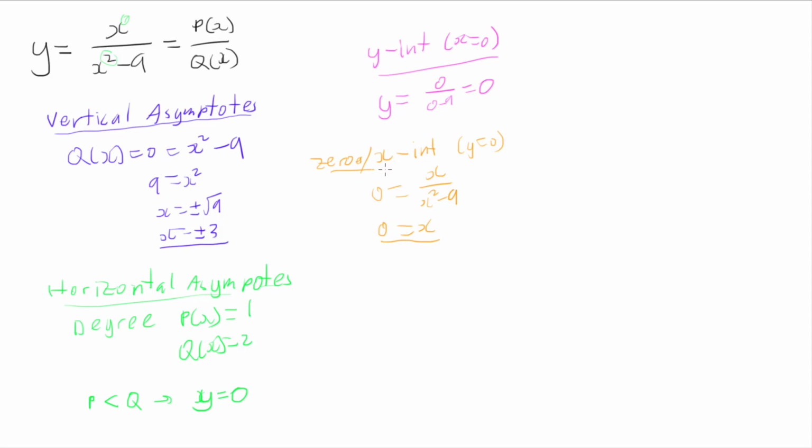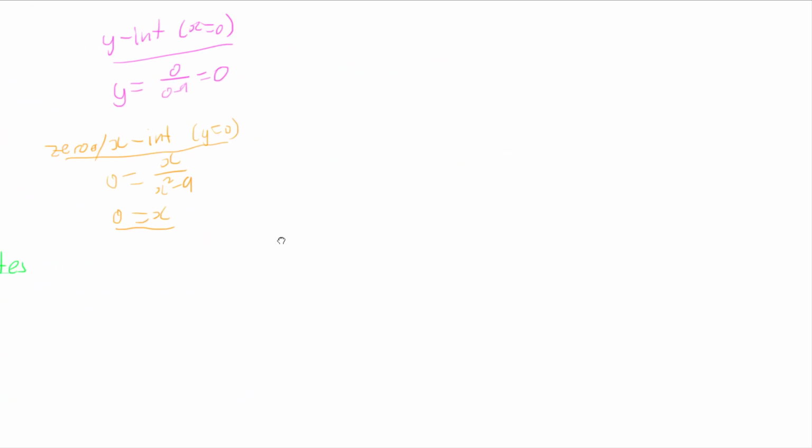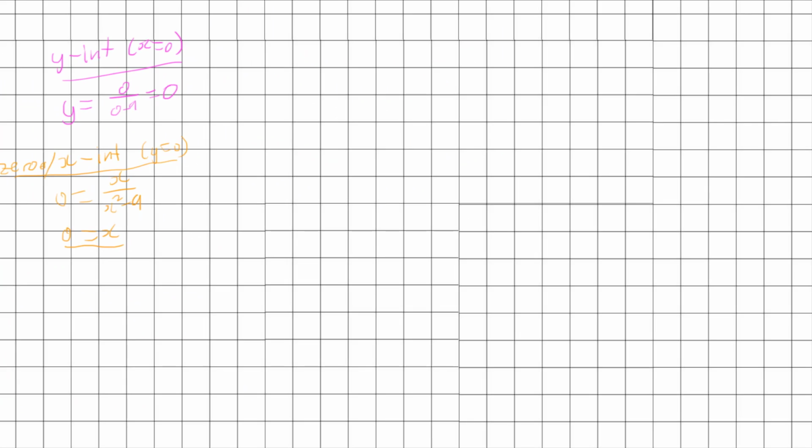So my zero turns up at x equals 0. My y-intercept is at y equals 0, which means I have a point at the origin where the graph intercepts both axes. So now that I've got my asymptotes and my intercepts, I can go and sketch my graph.